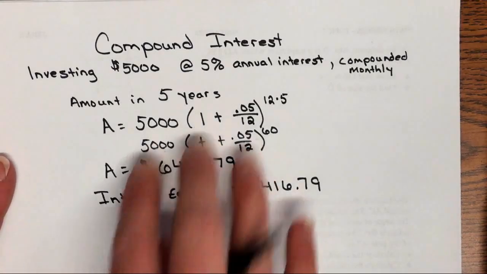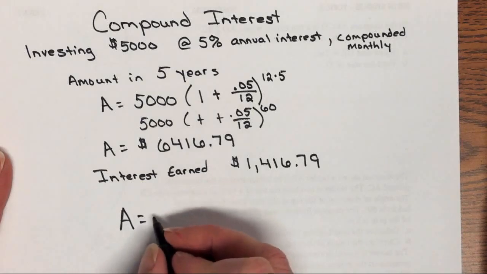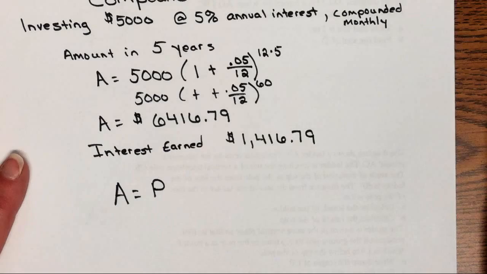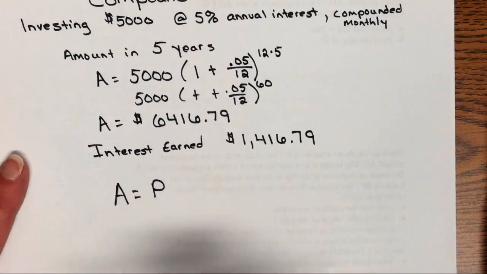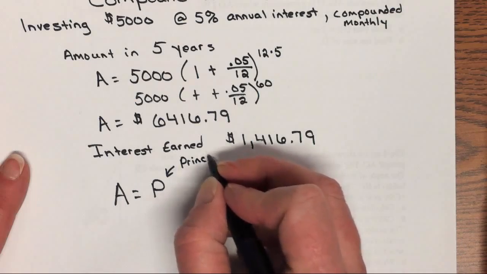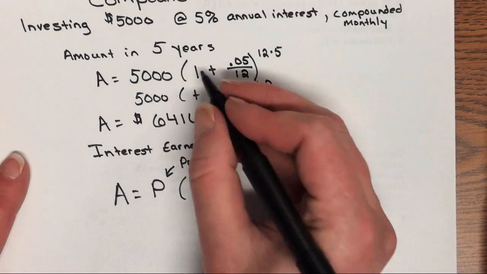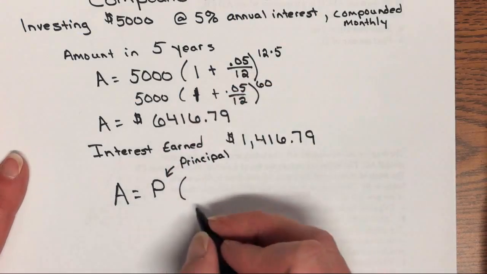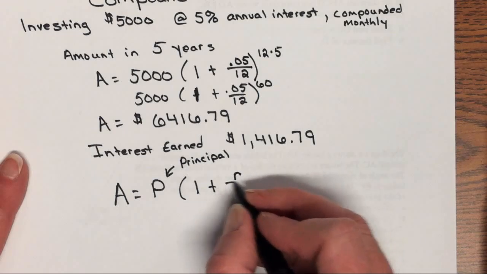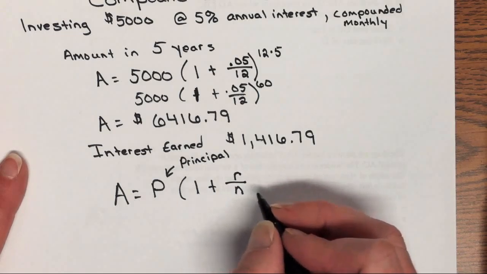Okay, so let's think about what we did here. We found our account balance by starting with our initial value. In finance, that is called the principal. We found it by, whoops, I was supposed to say 1 plus that interest rate divided by the number of compounds in a year.